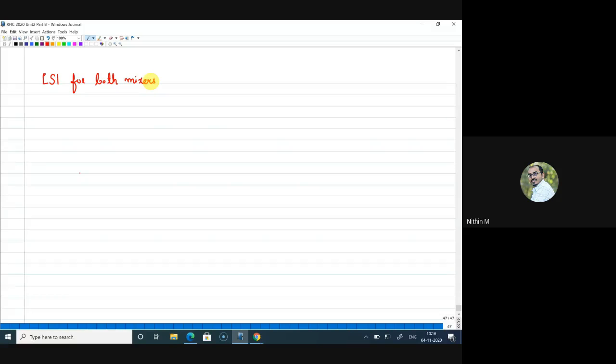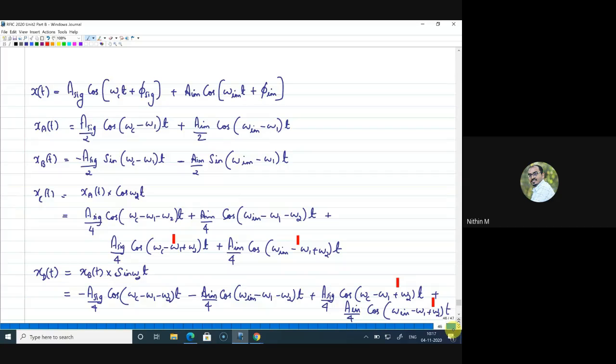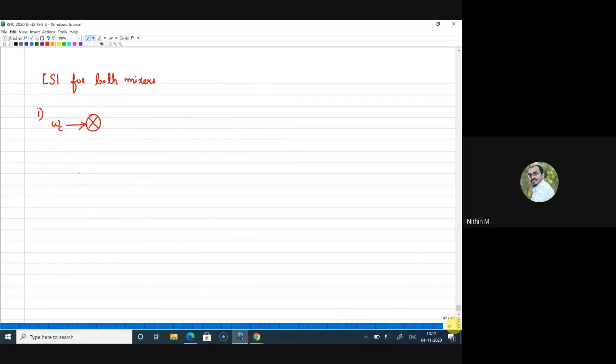So let us understand each mixer. Say this is the first mixer. To the first mixer, we have the input component, which I am marking as omega C as the RF input, or the desired signal is omega C. Now the other input is omega 1, that is a local oscillator signal. Since it is LSI for the mixer, I am making sure omega C is greater than omega 1.